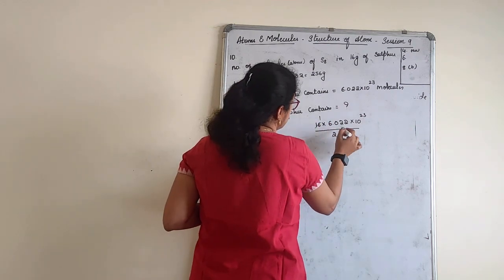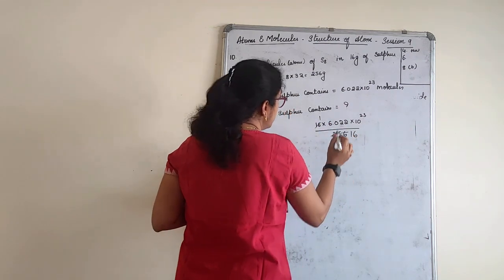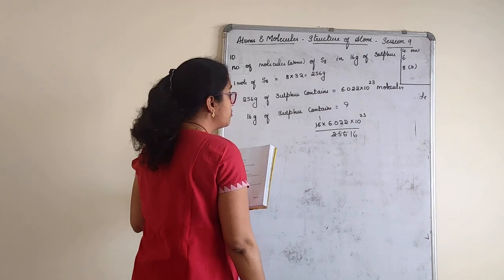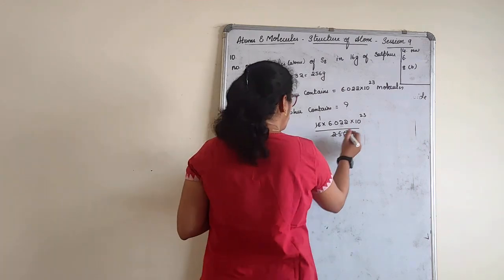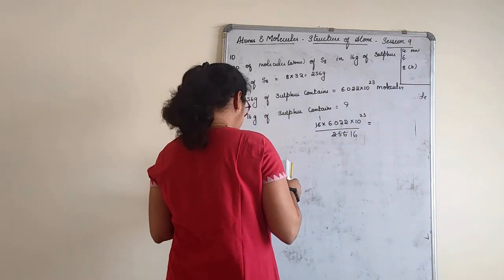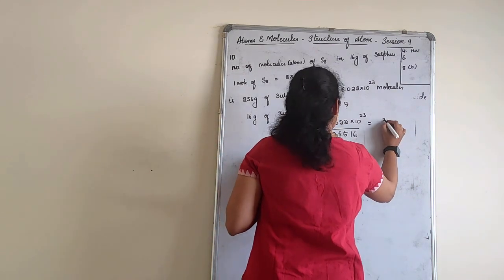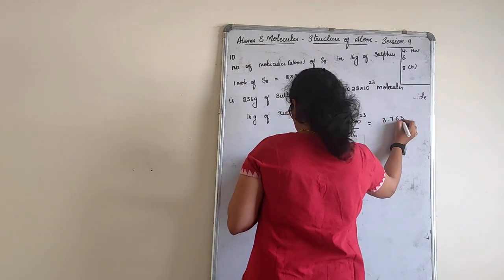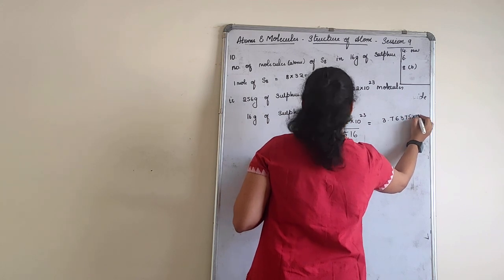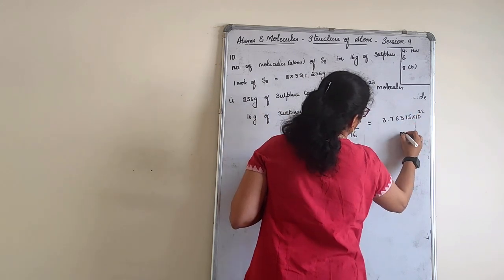So 16 ones are 16, 16 sixteens are 256. So 6.022 divided by 16, when you do that, what you get here is 3.76375 into 10 raised to 22 molecules.